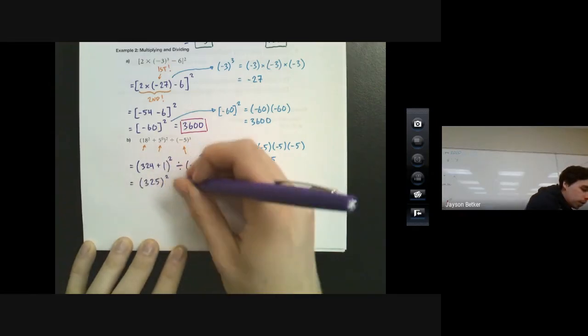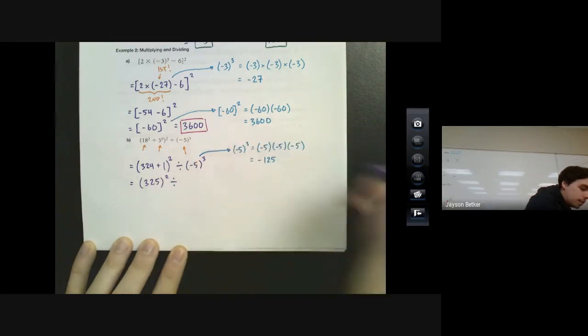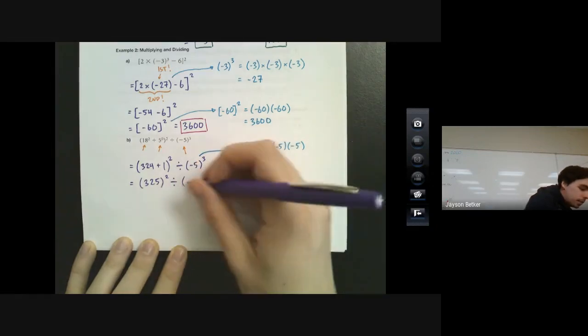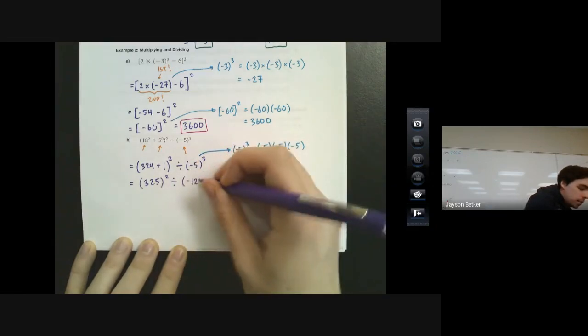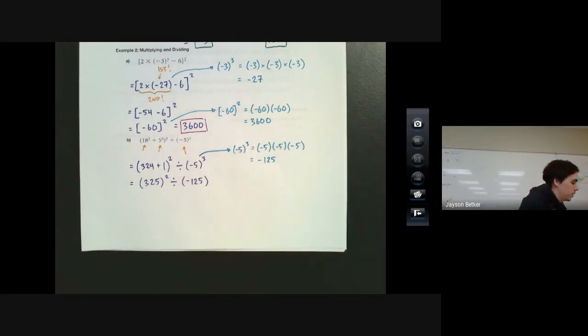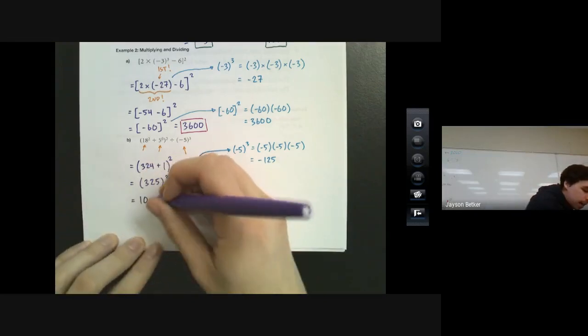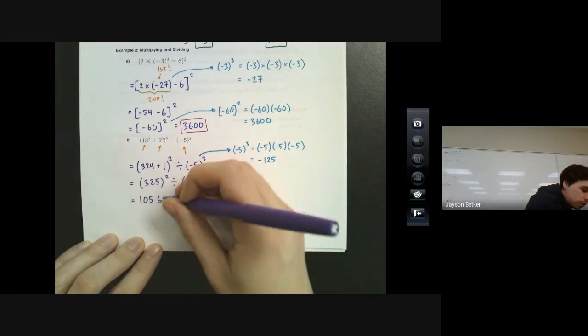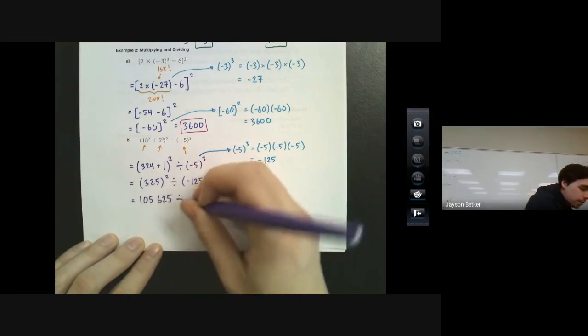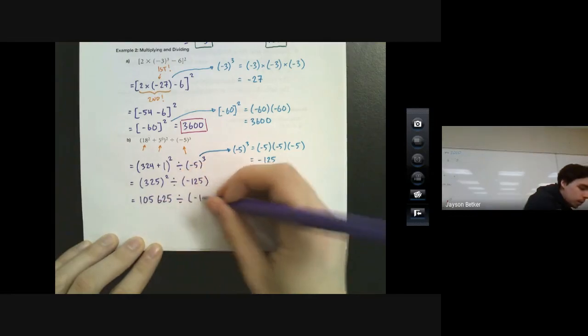So writing out what we have now, we can do 324 plus 1, which gives us 325 squared, divided by, keep that negative inside the brackets here, negative 125. 325 squared, that's 325 times 325, and we get 105,625 divided by negative 125.